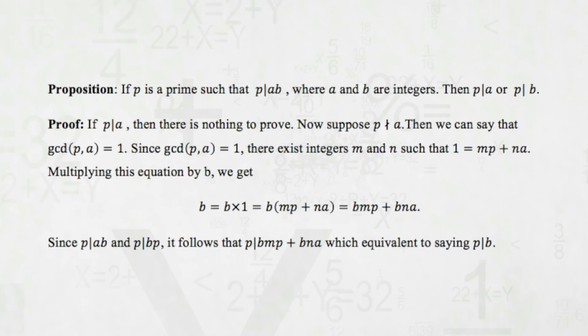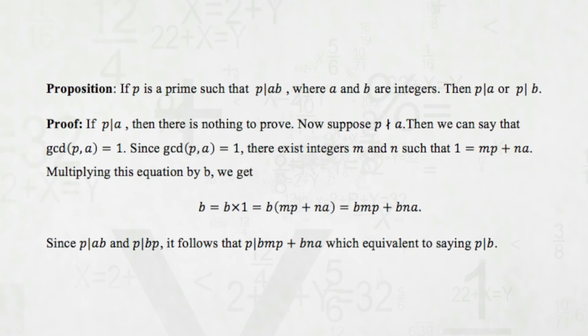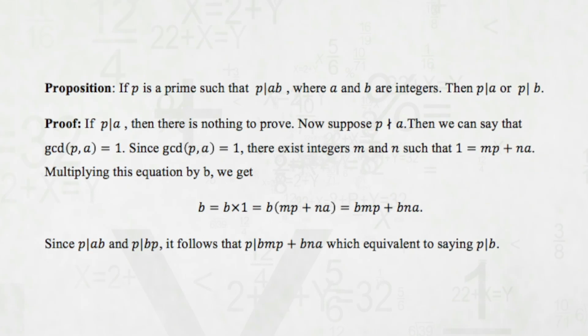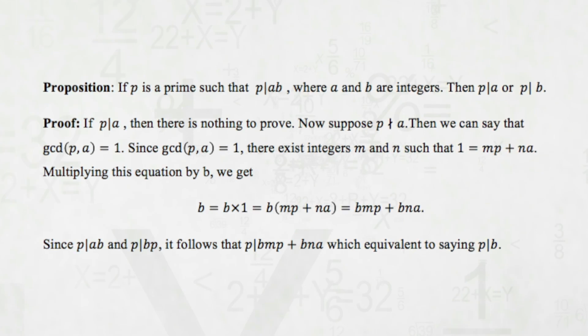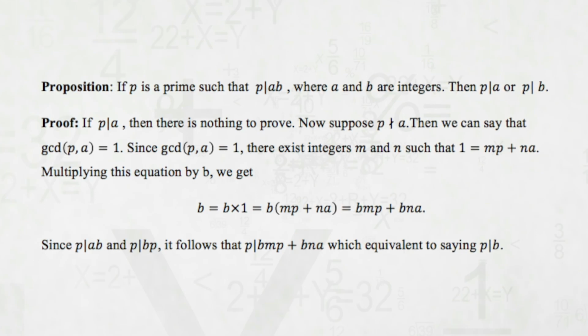Since the GCD of P comma A is equal to 1, there exist integers m and n such that the GCD can be written as a linear combination of P and A, that is 1 is equal to MP plus NA. Multiplying this equation by B, we get B is equal to B multiplied by 1.